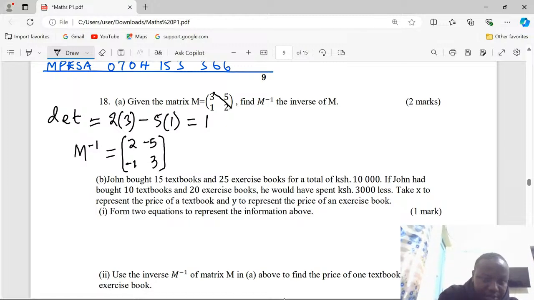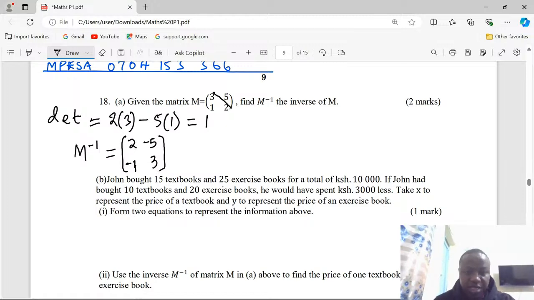At this point we are through with our inverse, because after doing that to the elements, we have to divide everything by the determinant. But as you can see, the determinant is 1. So the matrix will remain just as it is.